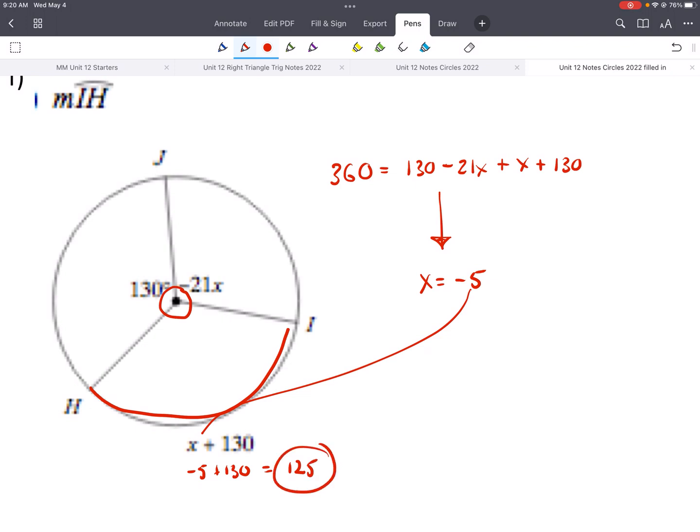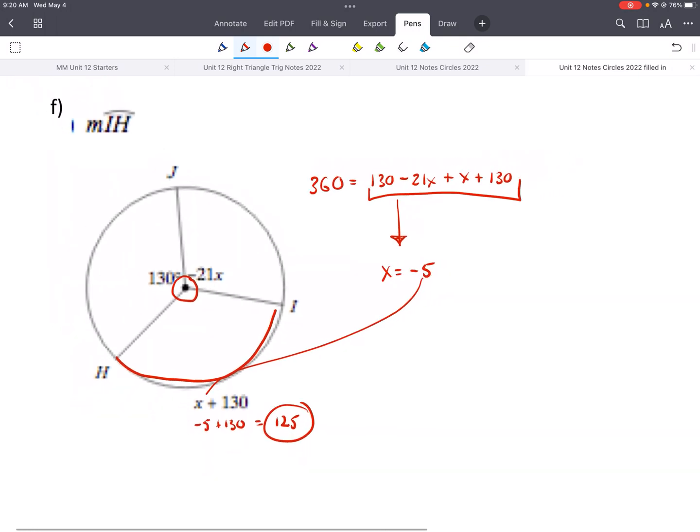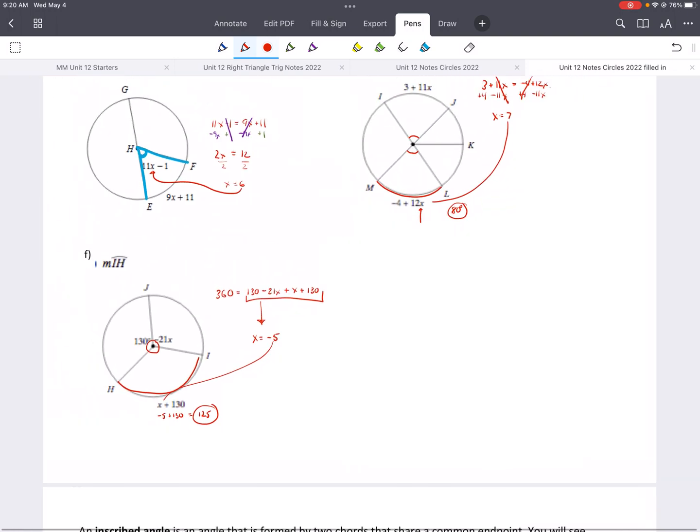Okay, you could also plug this in here and figure out all of their angles and make sure that they give you 360, in case you made some sort of mistake with the algebra for your equation. So these are kind of the things that you want to look for. We want to look for vertical angles. If you have every angle, we know that circles add to 360.